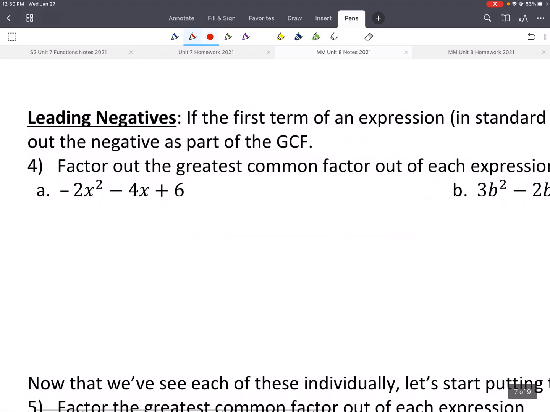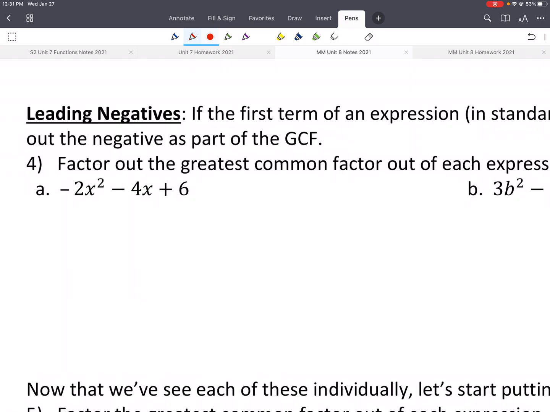All right, we also need to talk about leading negatives. It's going to be very important when we get into our next unit to handle this. If the first term is negative, that negative sign is part of your greatest common factor.